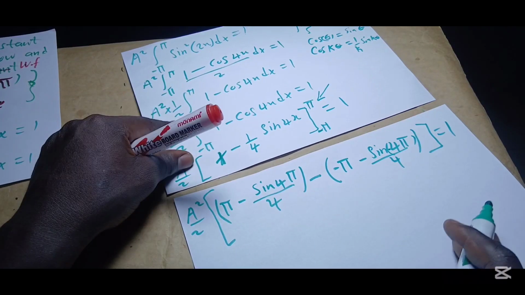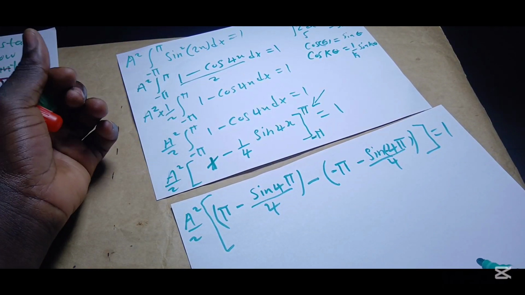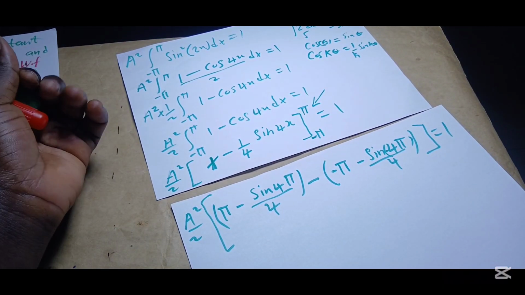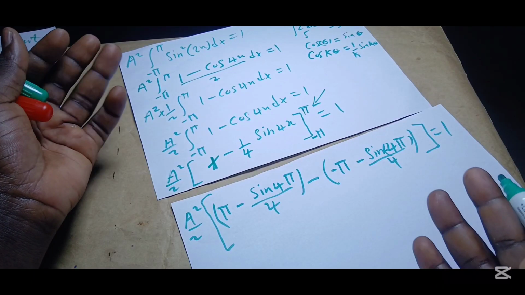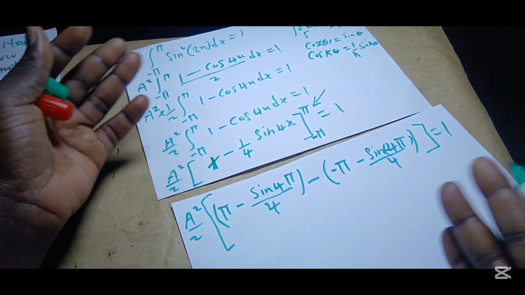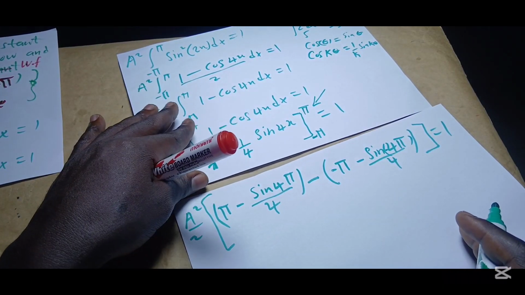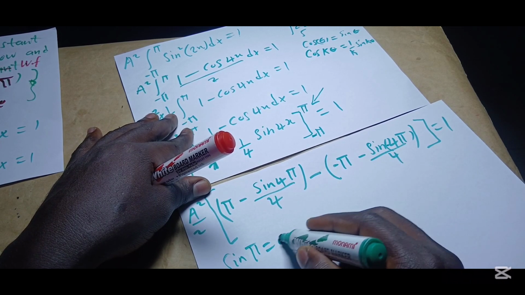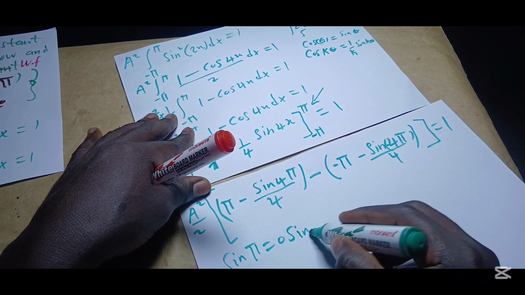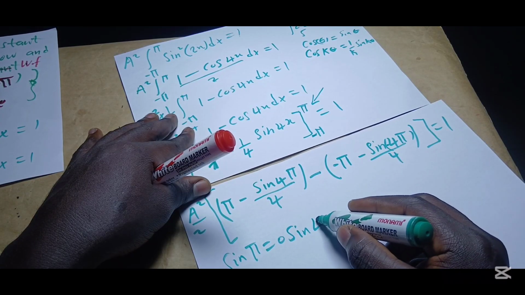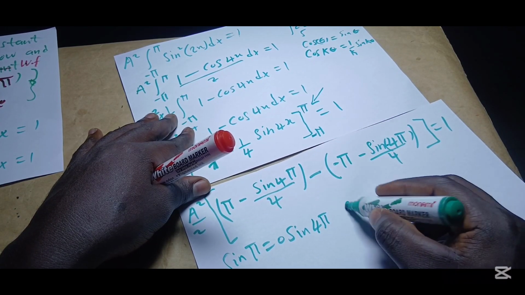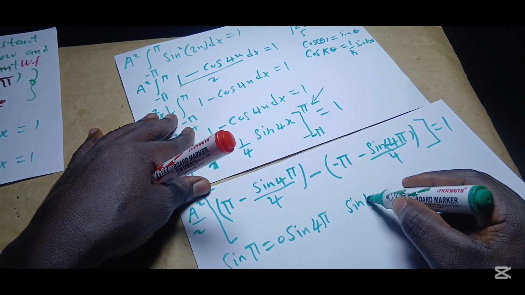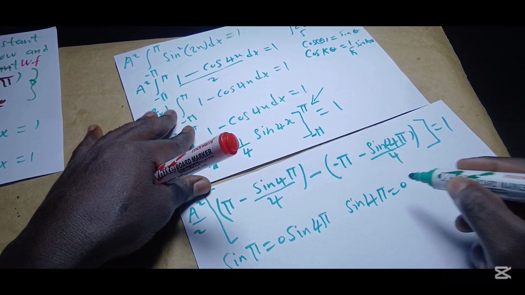Another identity that you need to know, because solving problems like this usually involves trig, sine or cos, is to know the simple identities and you'll be good to go. Anytime you see sine pi, it gives you 0. Sine of any multiple of pi basically gives you 0. So sine 4 pi gives you 0.